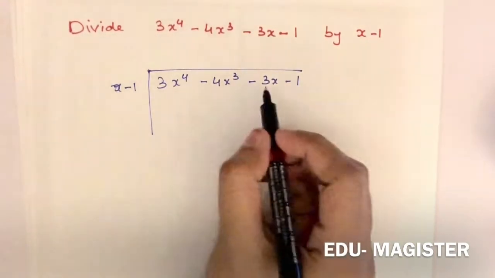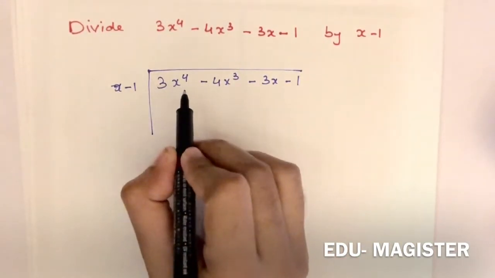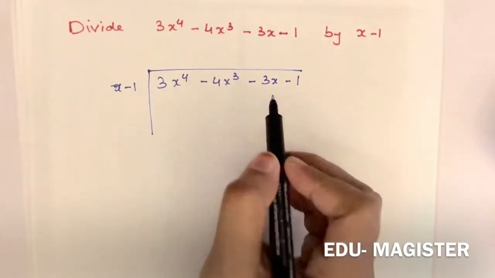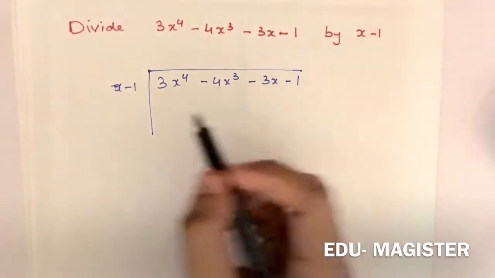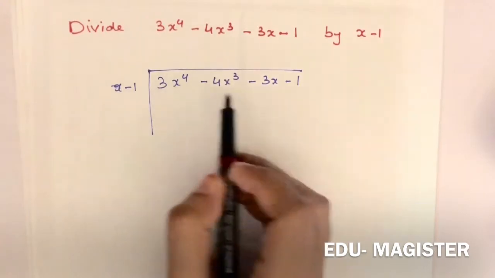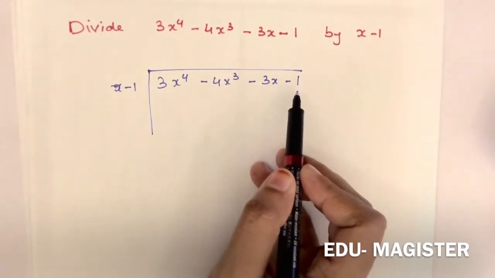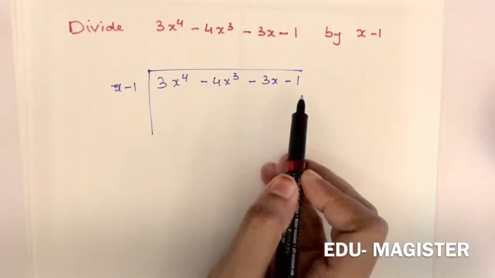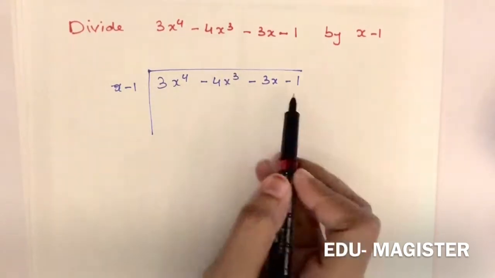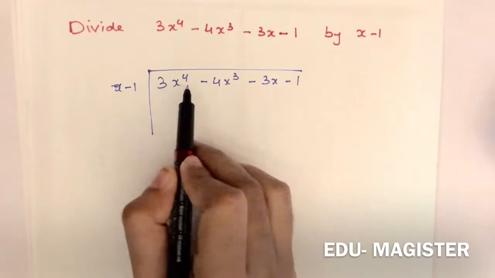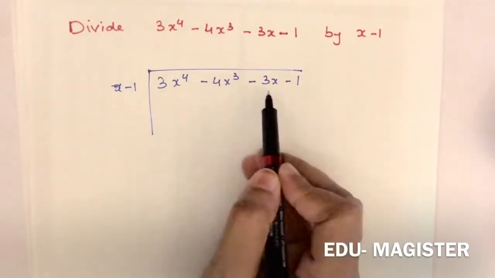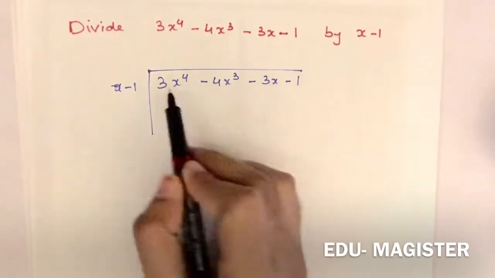So when you have been given a polynomial, make sure that you write the polynomial in a standard way. That is, you write each term of the polynomial in the descending order of the degree. That is, first it is 4, then 3. So the degree is decreasing as you move on.